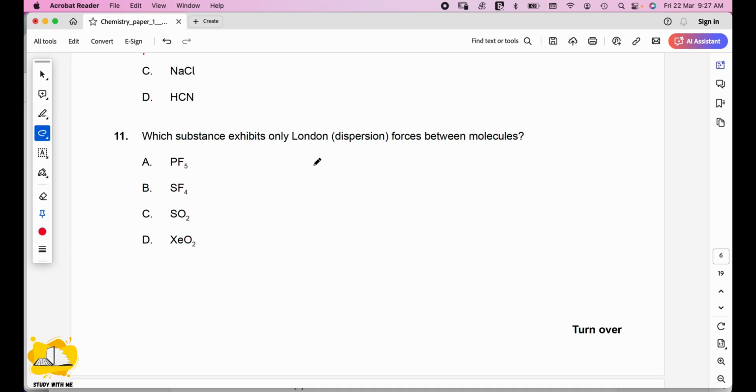The one with net dipole moment 0 would be nonpolar, which is PF5, because of the structure of PF5. The net dipole moments cancel out, so that's why the answer is PF5, and this is a nonpolar molecule.